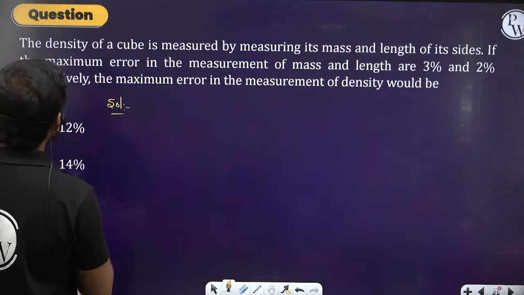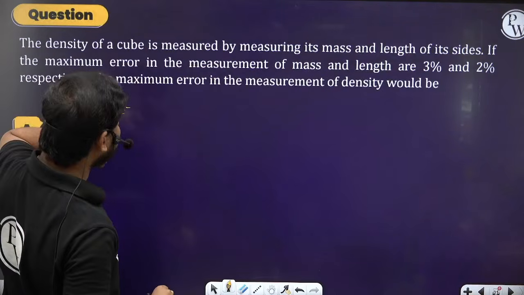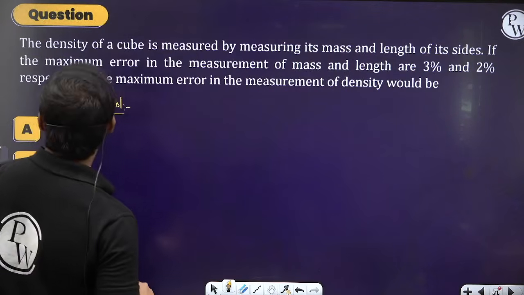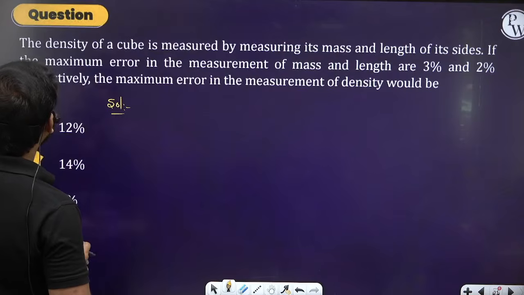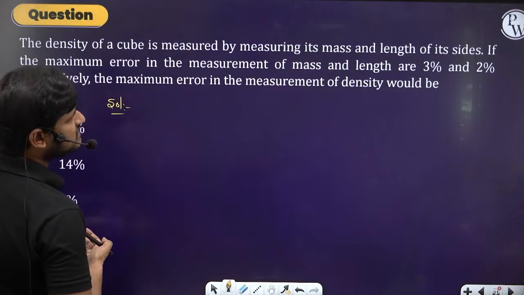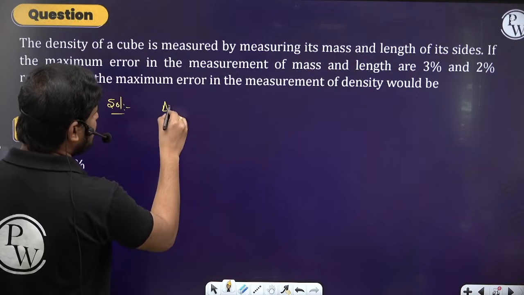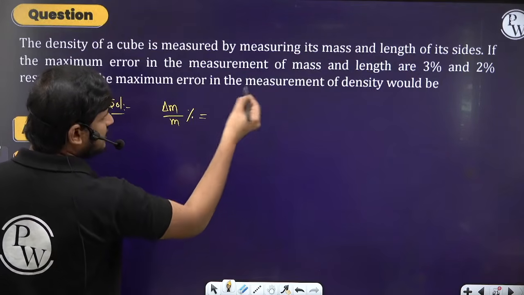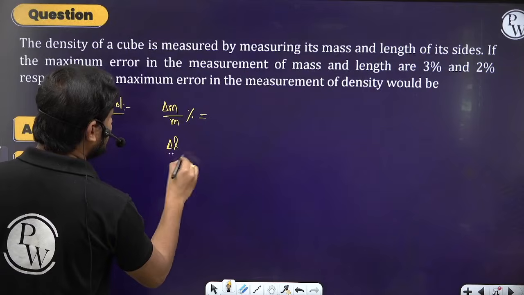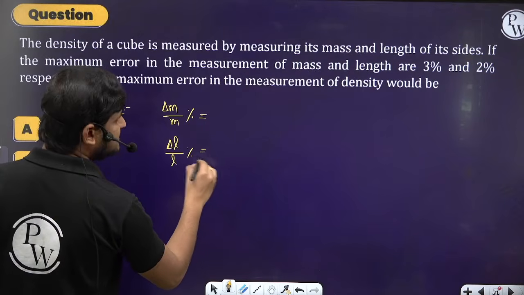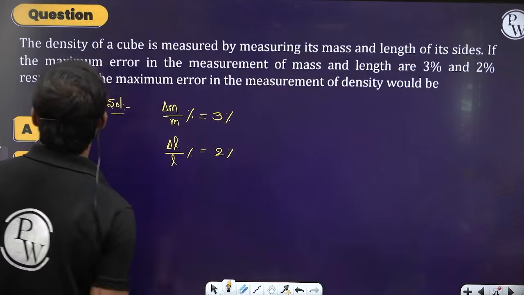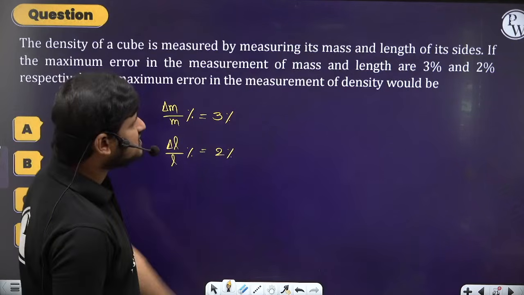This question says, the density of a cube is measured by measuring its mass and length of its side. So if the maximum error in the measurement of mass, delta m by m percent, and length, delta l by l percent, is given as 3% and then 2%, fine. So the maximum error in the measurement of density.